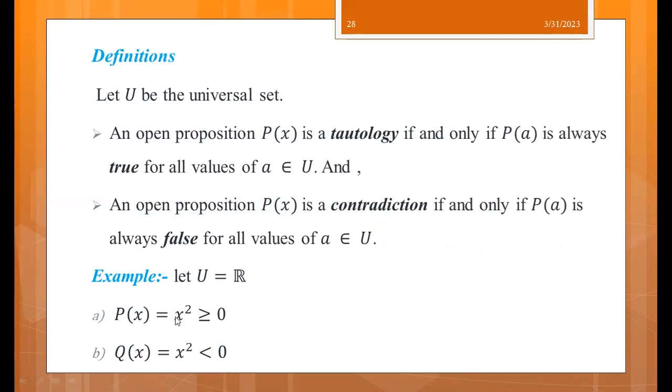For P of x, x squared greater than or equal to 0, if you substitute any real number for x, we know that the square of any real number is greater than or equal to 0, so this statement is a tautology. But if you take Q of x, x squared less than 0, we know that the square of any real number can never be less than 0, so this statement is always false for every real number, so this is a contradiction.